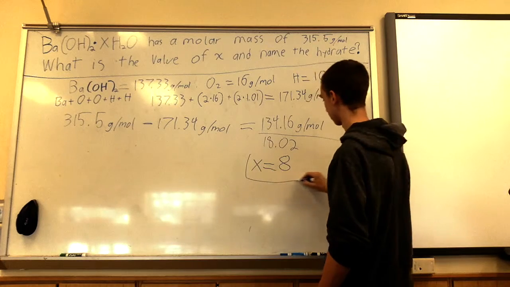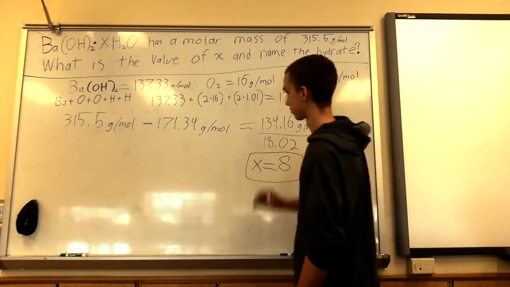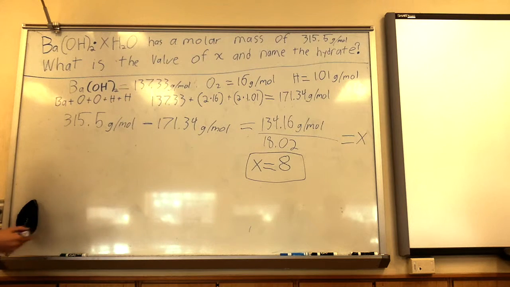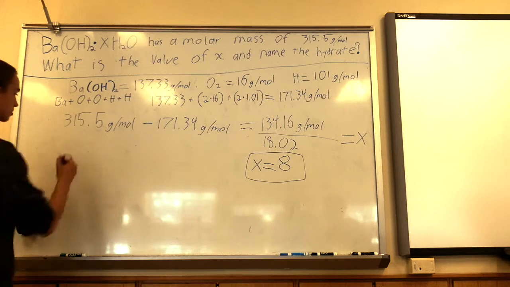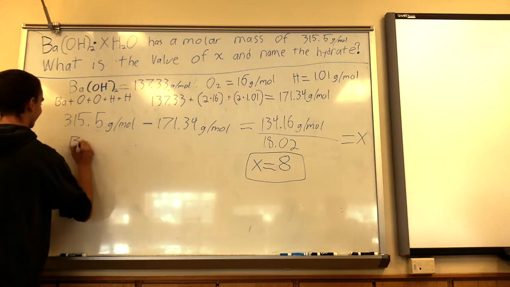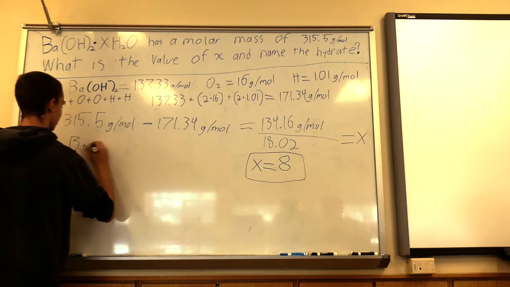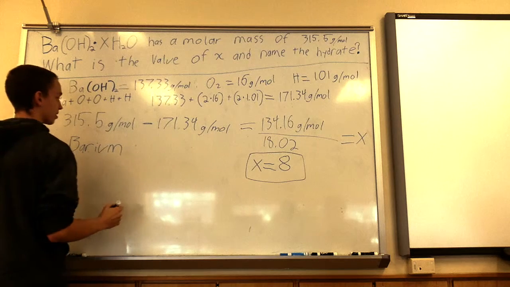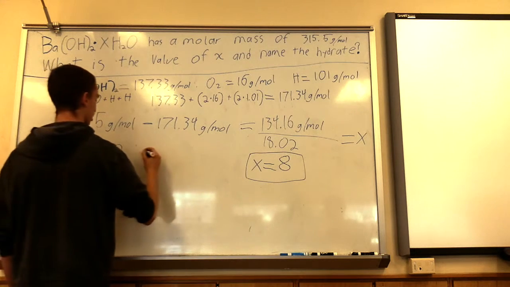So we know the first part is barium hydroxide, and we know that there are 8 water molecules, or 8 H2O molecules. So we know that the name is barium hydroxide, and then we add our prefix onto the hydrate, and since there are 8, it will be octahydrate.